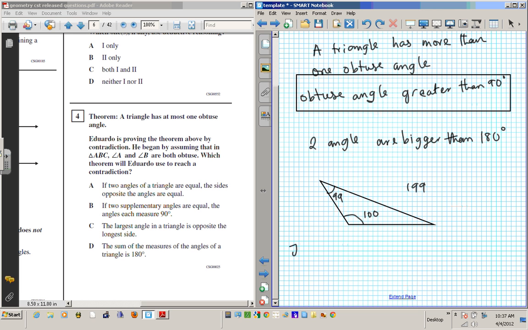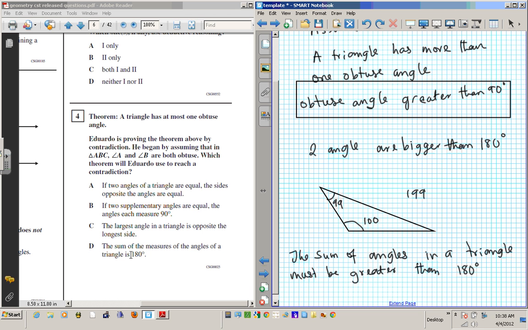The sum of angles in a triangle must be greater than 180, which is basically a contradiction to this original statement that the sum of angles in a triangle is 180.